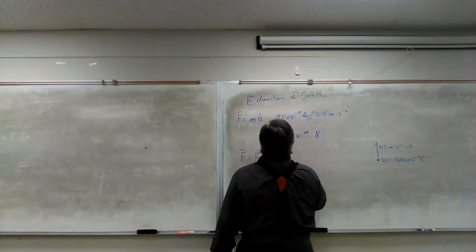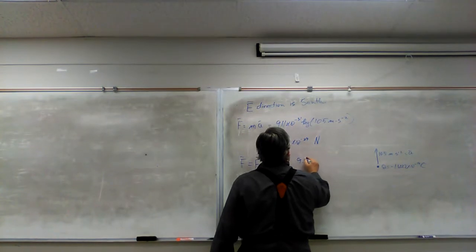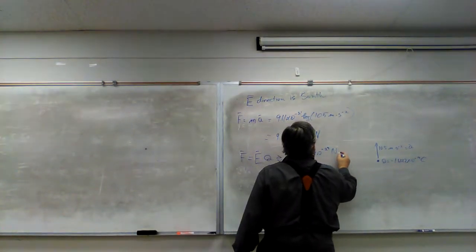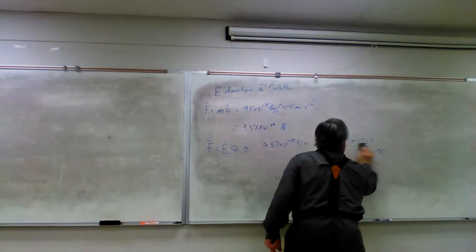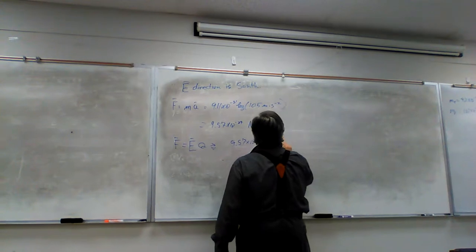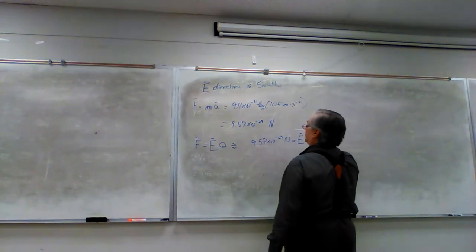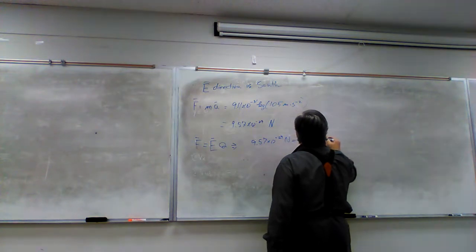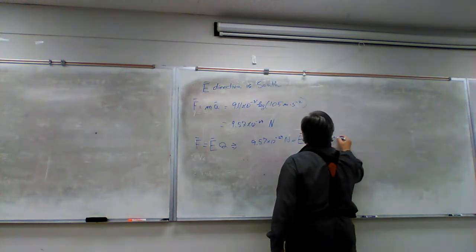So we can rewrite that equation as 9.57 times 10 to the minus 29 newtons is equal to E times 1.6022 times 10 to the minus 19 coulombs.